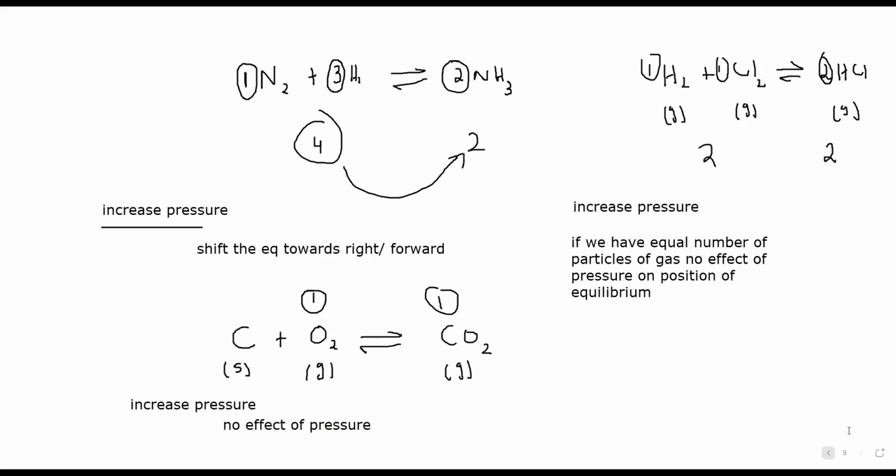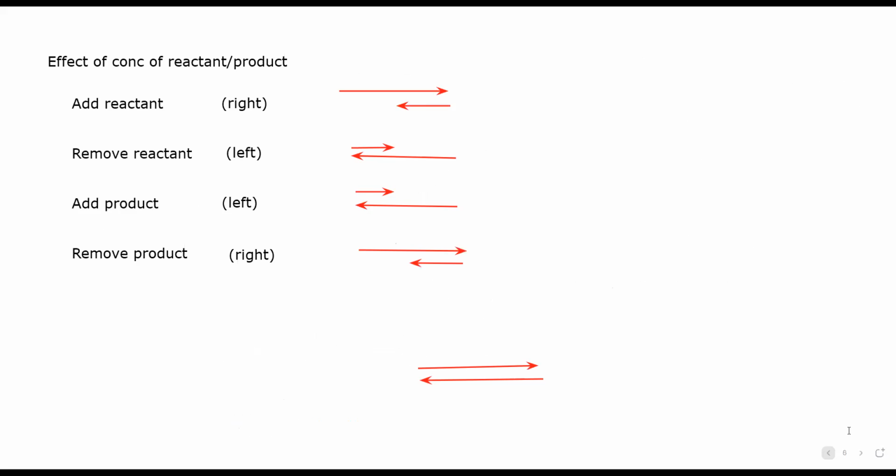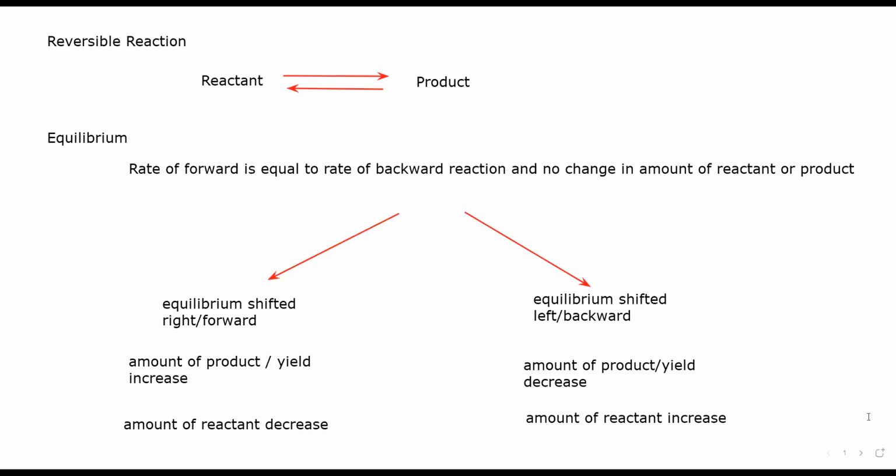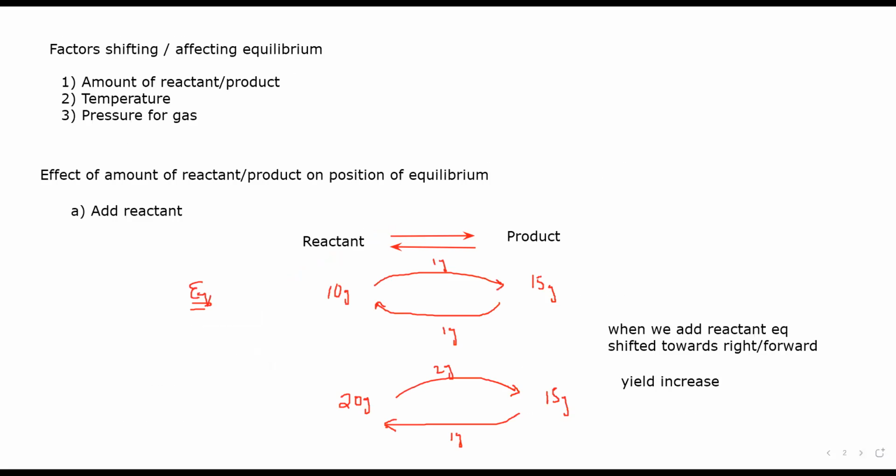Is it clear? So these are the 3 factors which change the equilibrium. I will quickly go through all of them and discuss some questions related to this topic from the past paper. So first, the 3 factors which can affect the equilibrium: amount of reactant or product, temperature, or pressure of the gas.